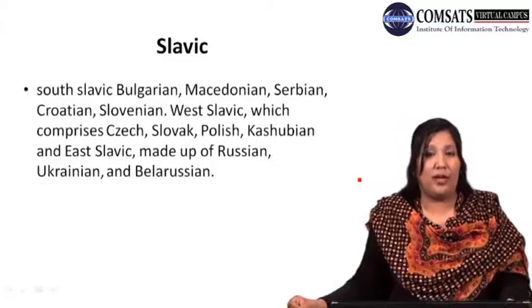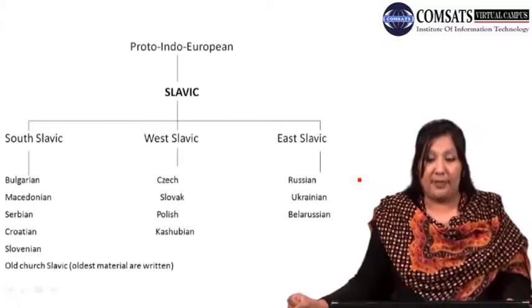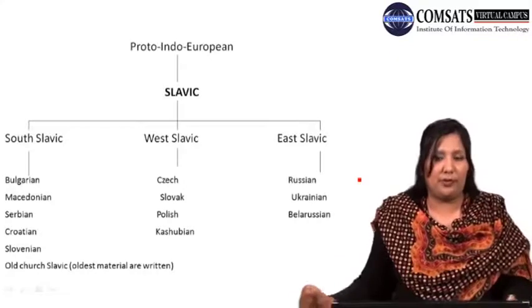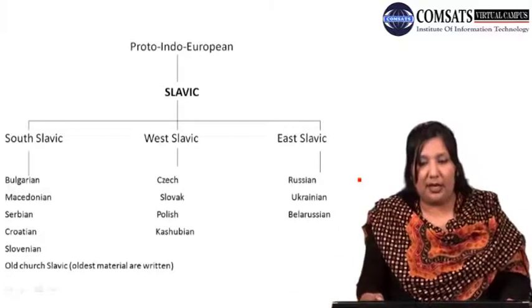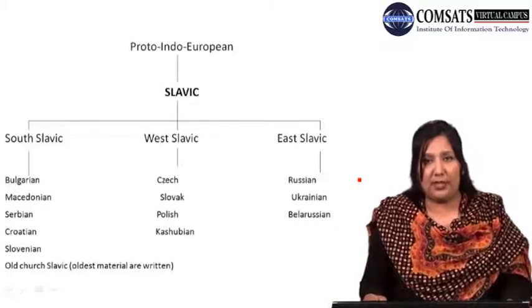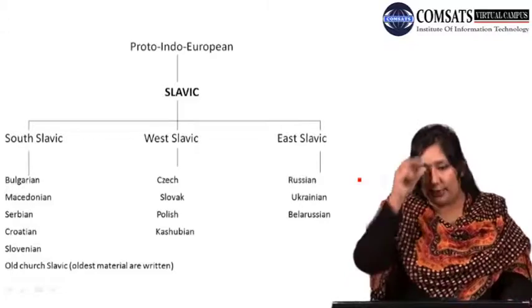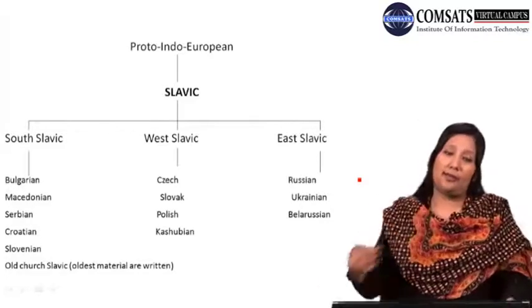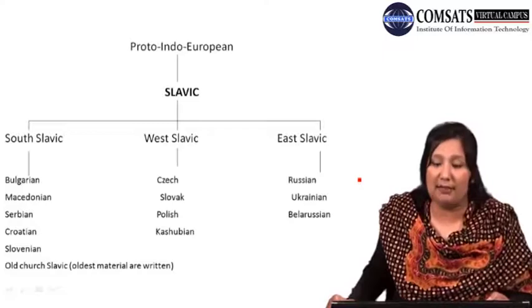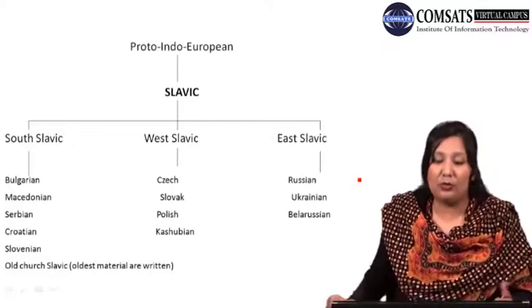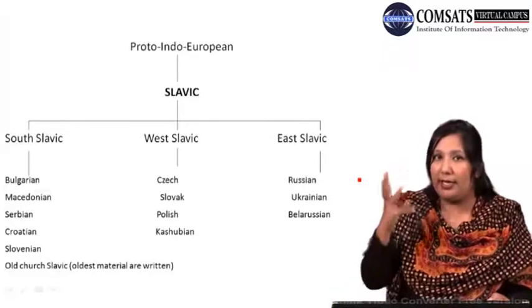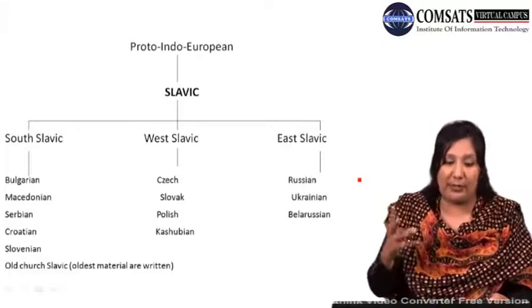Let's see where it was spoken and how it is divided. Proto Indoeuropean is further subdivided into Slavic languages. Slavic is further subdivided into South Slavic, West Slavic and East Slavic.